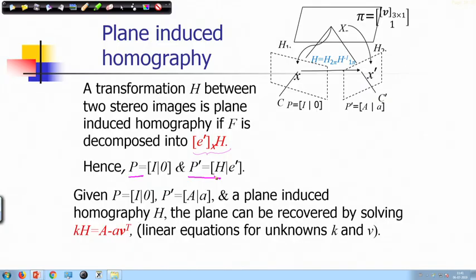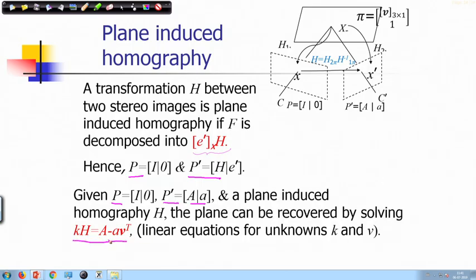So, we can also say that if you have two projection matrices, P, which is in the canonical form of I 0, and P prime, which is given in this form, then a plane induced homography H, and the plane can be recovered by solving these equations.